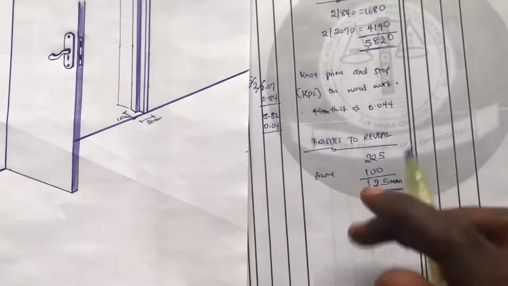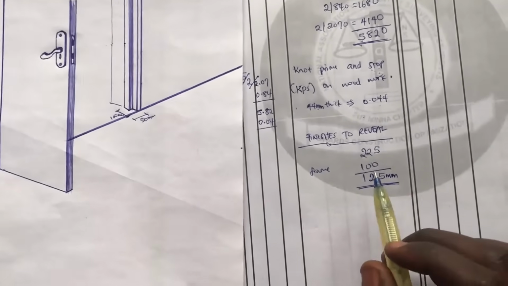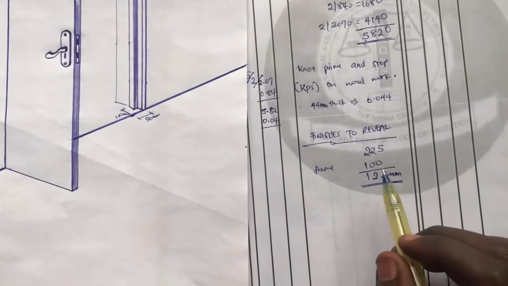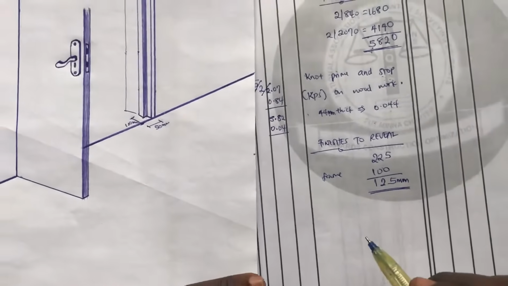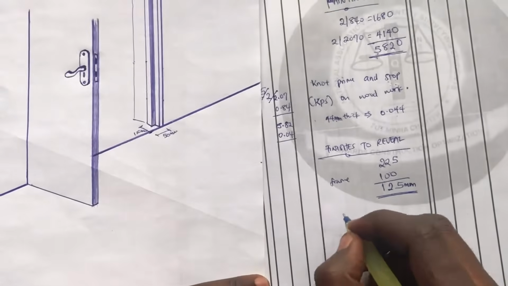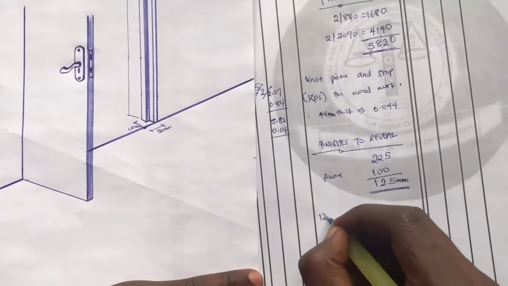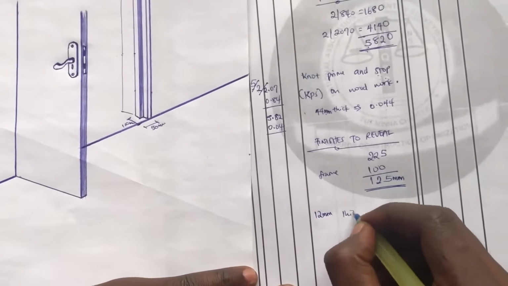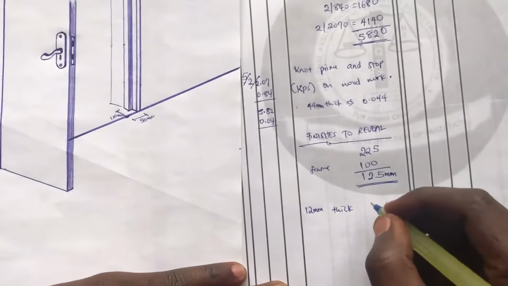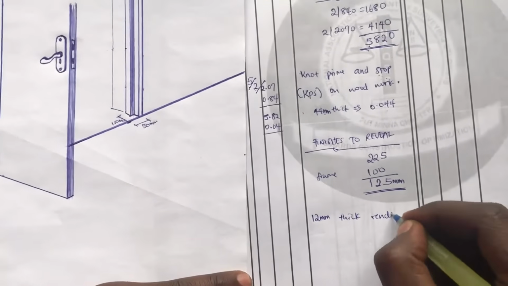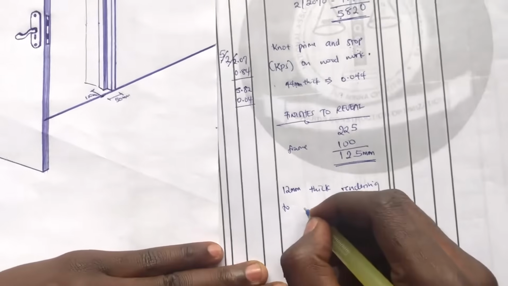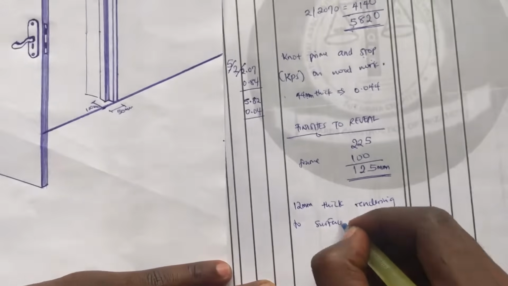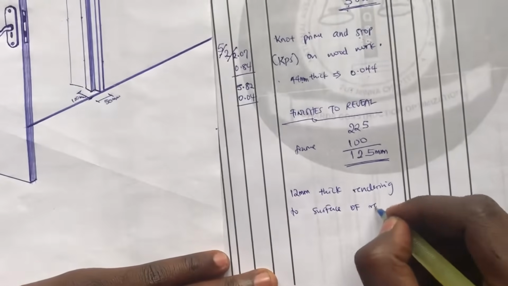Now, because the width of the reveal is now 125, it simply shows that we need to still carry out finishes to the reveal, and the finishes is expected to be measured in linear meters since it is not up to 300. So in order to measure for it, I can now move on and state 12 mm thick rendering to surface of reveal.